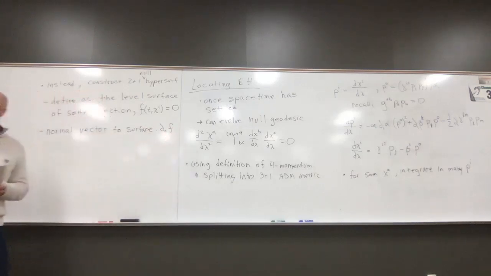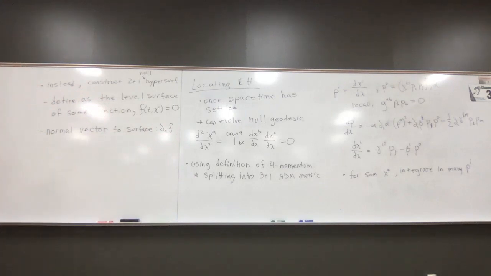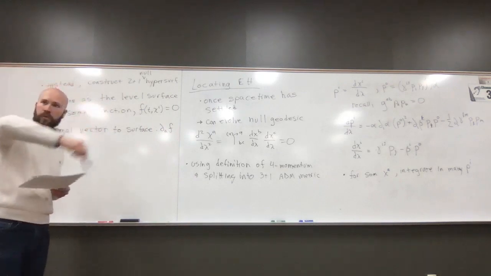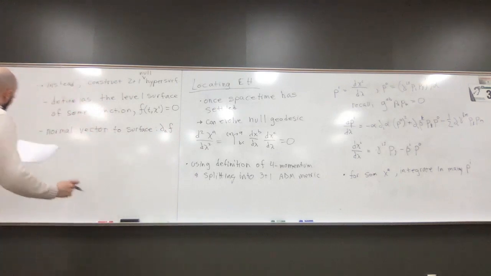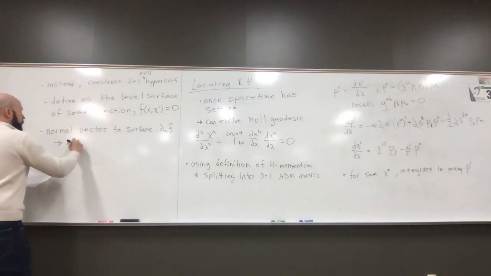We had this before too. It's just the partial sub A of that function f, because that function f is the level surface of my 2+1 hypersurface. And so the normal to that is just the partial derivative, right, of that level surface function. And this must also be null.